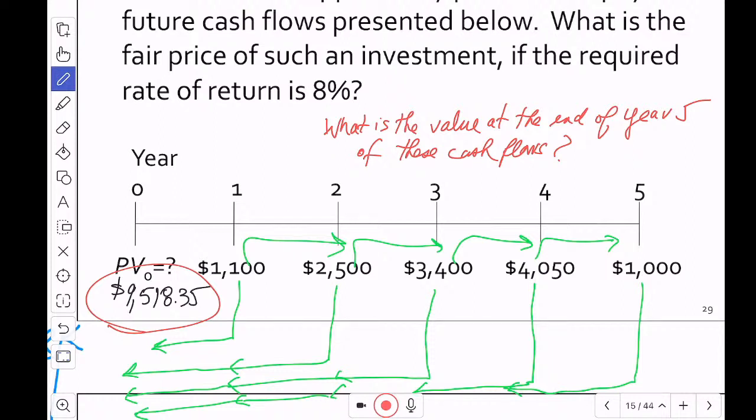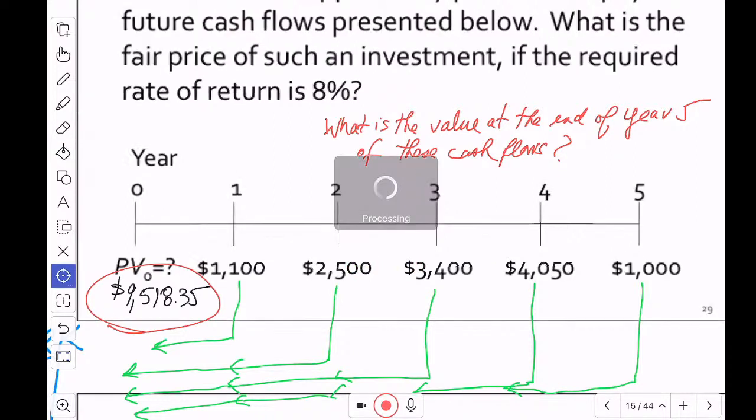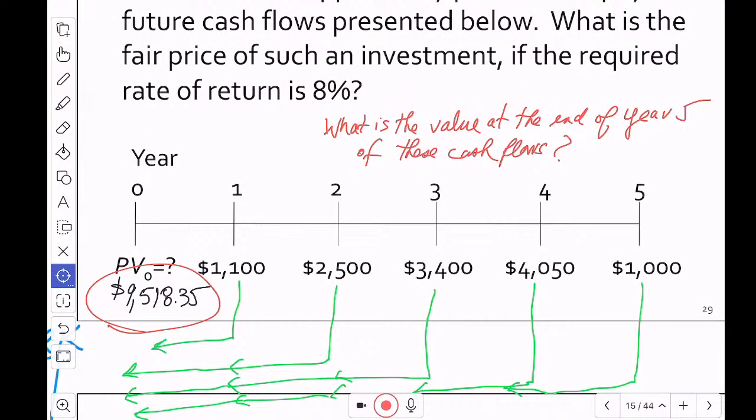So what you've solved for, one is right. So what you've done is you've figured out the present value of these future cash flows. You've integrated the concept that there's a trade-off with the 8%, right, of interest.